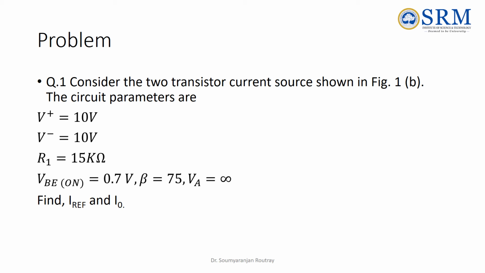Find the reference current and the output current I naught. The formula for the reference current was also discussed previously. Directly we can apply all the values and get it. And for I naught also, in the previous slide we discussed the formula, so we can directly get it.